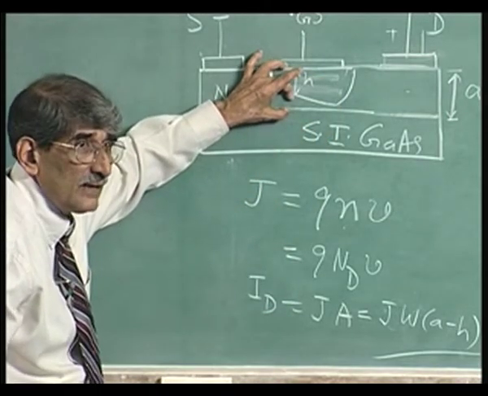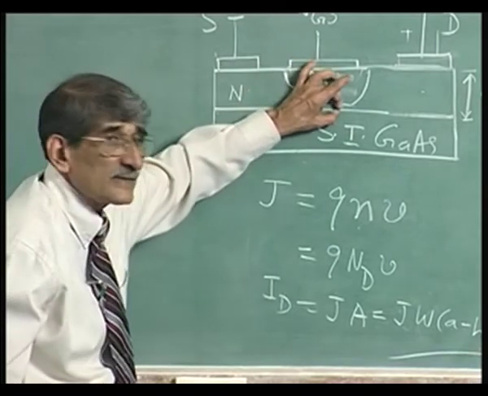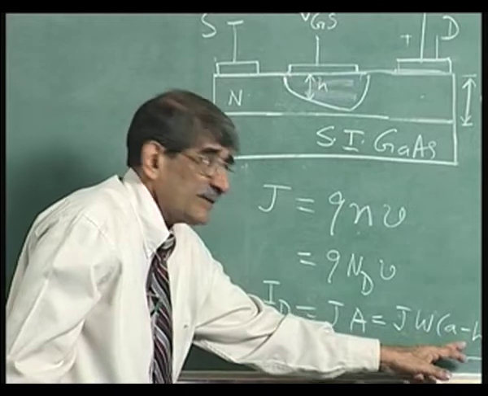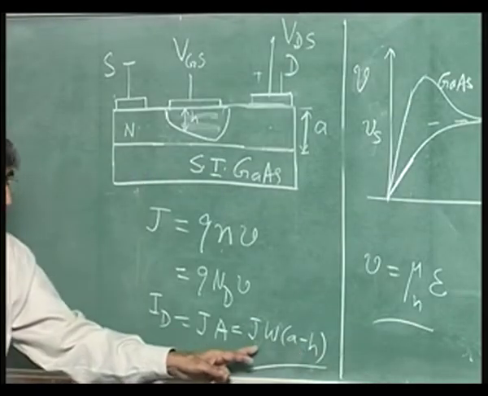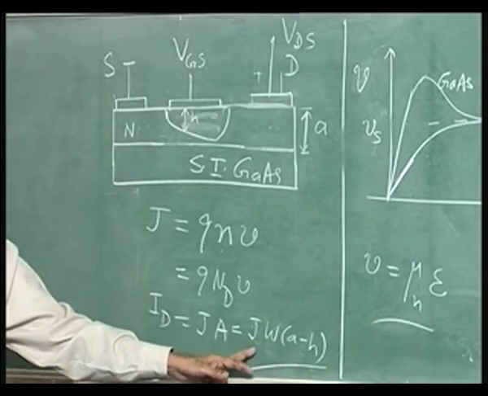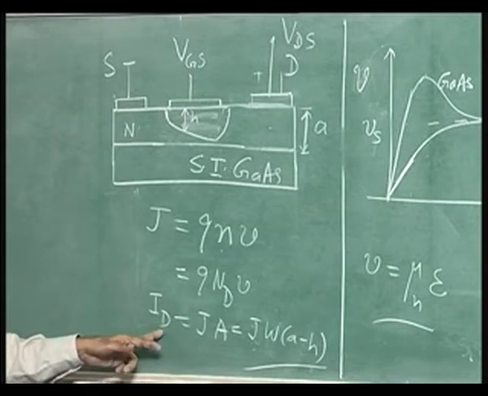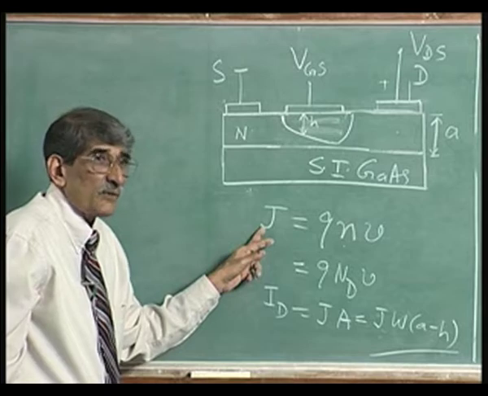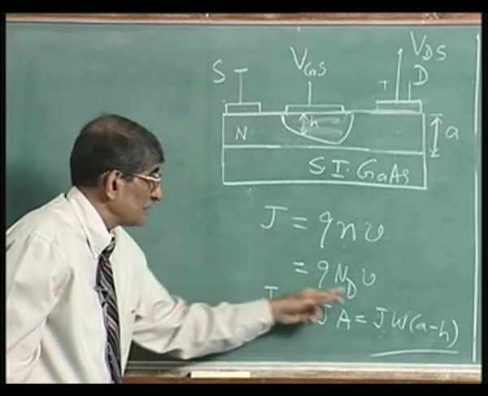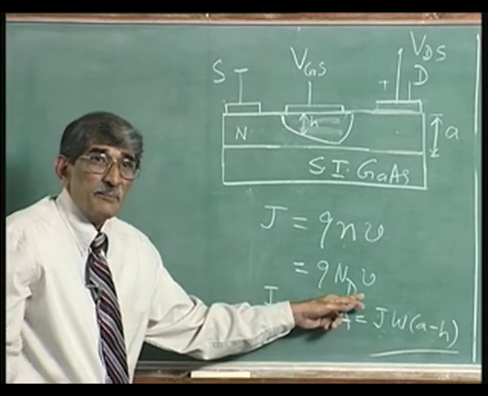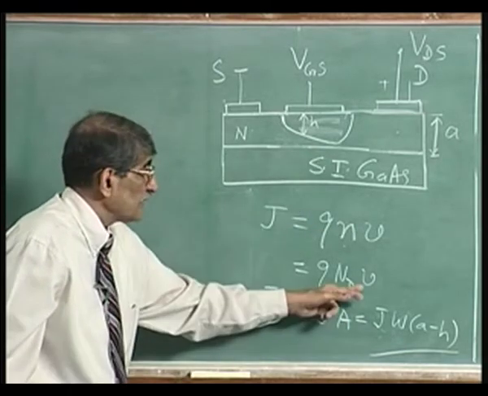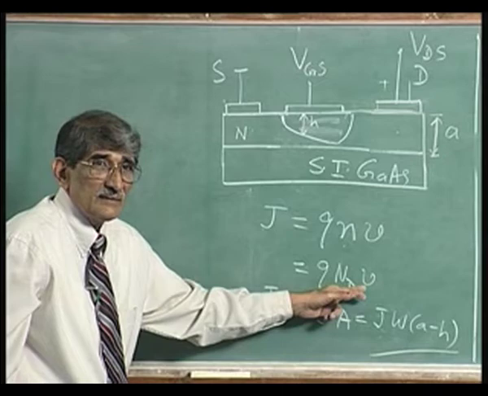As you keep on moving from the source towards the drain end, a minus h keeps on falling, which means current density increases if I d is constant. If the current density increases, what is the thing that increases? The velocity, which implies as you move from this end to this end, the velocity increases.